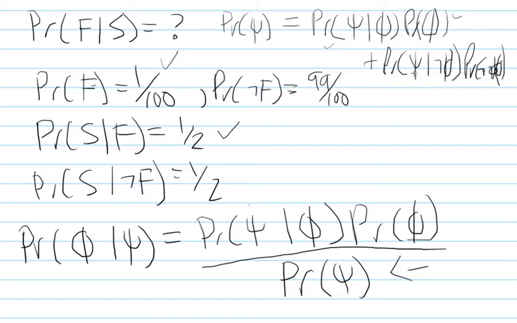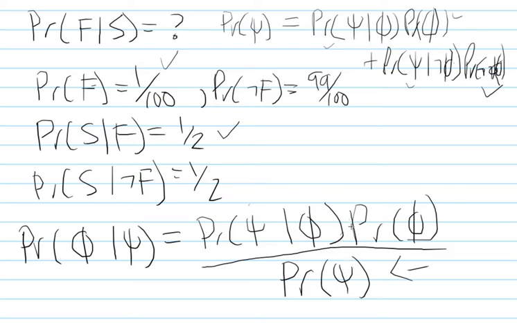And then the second term, we're asking the probability of psi given not phi and the probability of not phi. And in that case, that's exactly the other two probabilities which were given, the probability of S given not F and the probability of not F. So the question gives us all of this information to calculate the probability of psi, i.e. the denominator of the short version of Bayes' theorem.